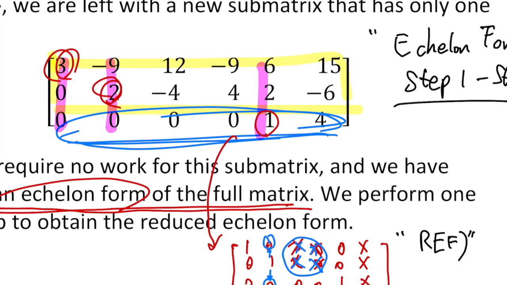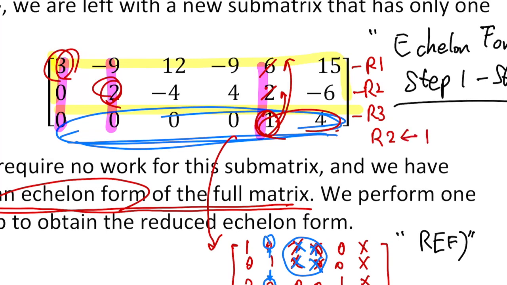Then how can we make it? Because we already have the pivot positions here, by using this rule, we can remove these values. Let's say this is R1, R2, and R3. If we use the replacement operator like R2 minus 2 R3, then we can remove this part, right?